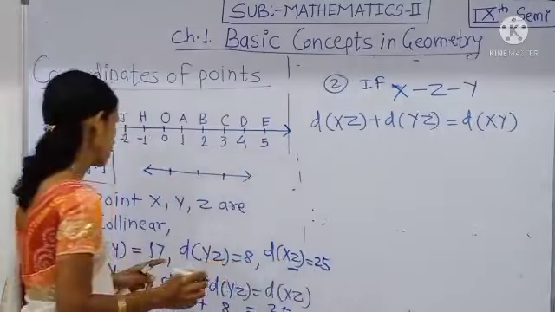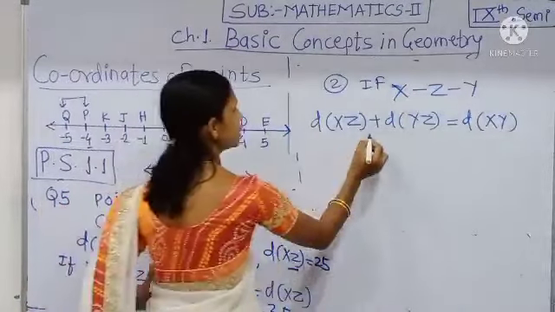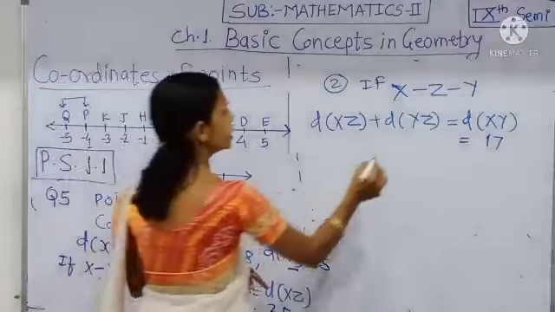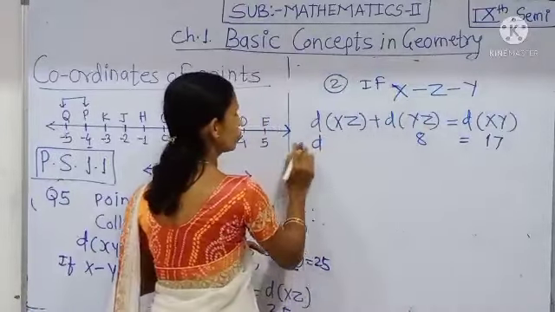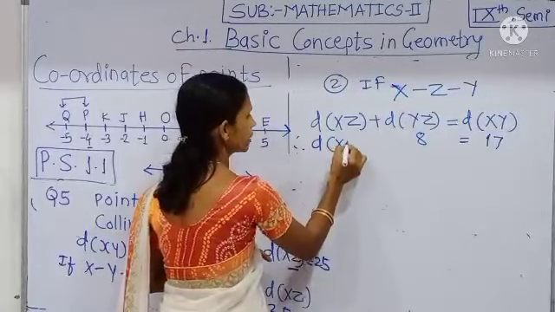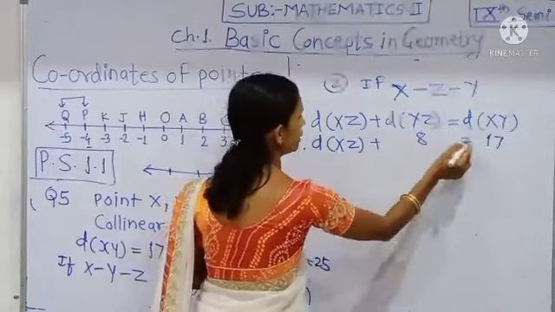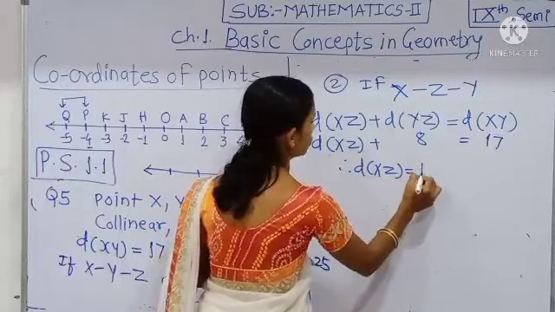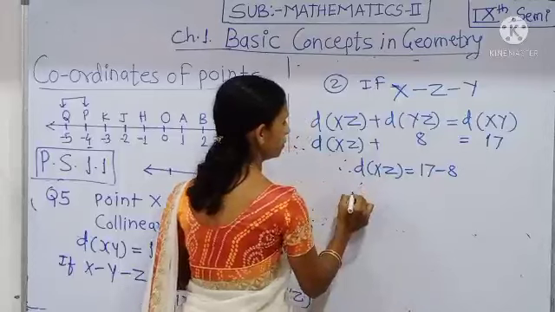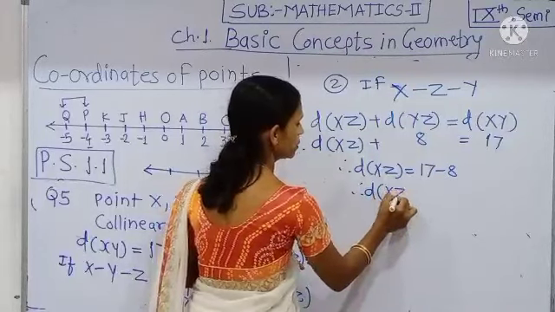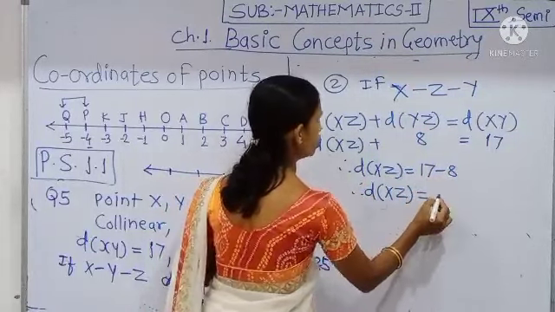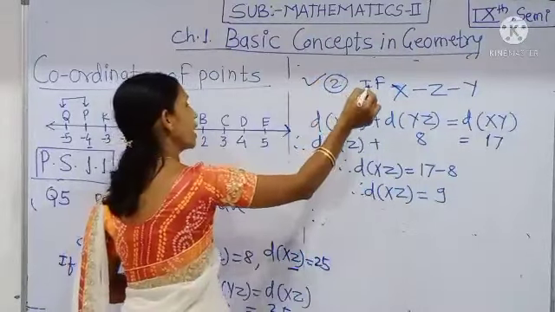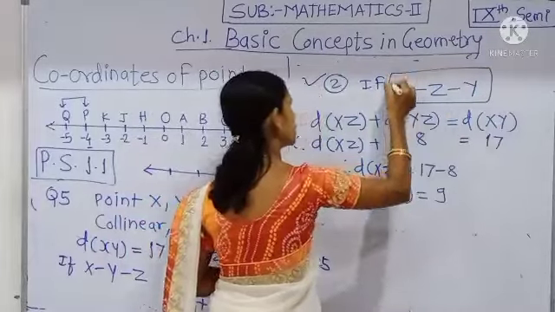Then here XY is given 17, YZ is given 8, and therefore dxz plus 8 is equal to 17. Therefore dxz is equal to 17 minus 8, that is 9. That is according to the second condition.